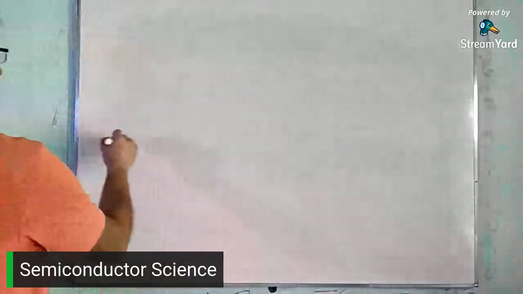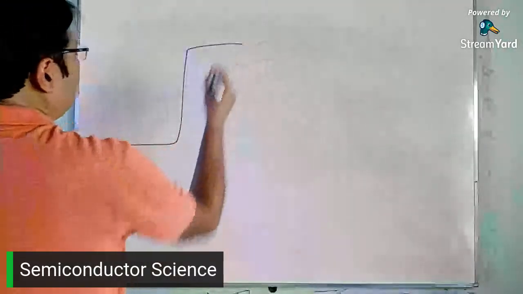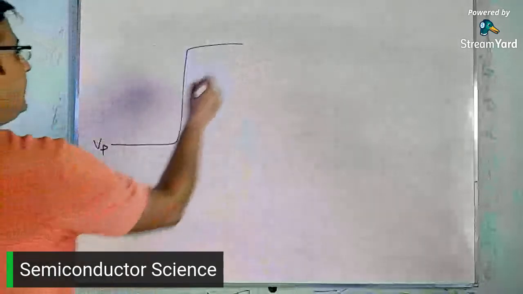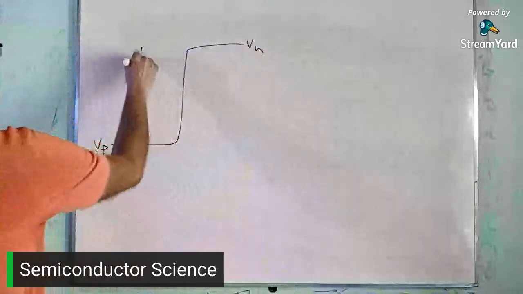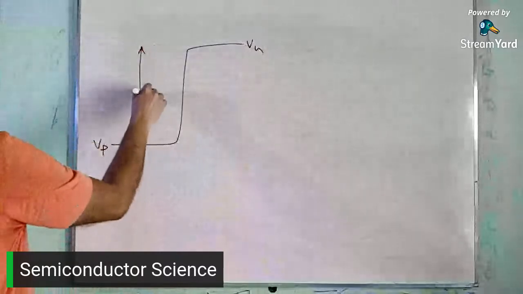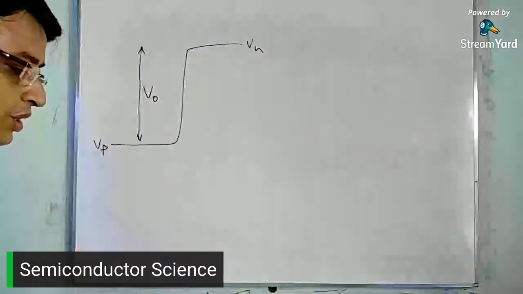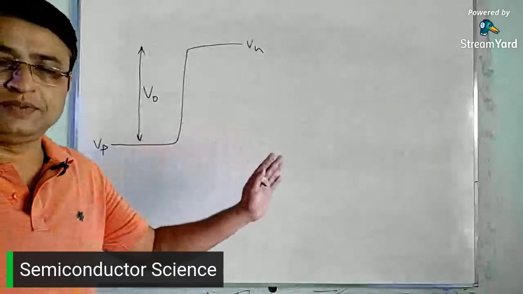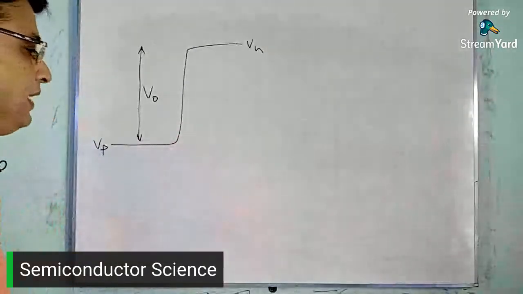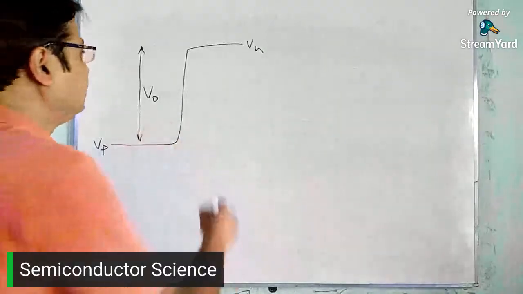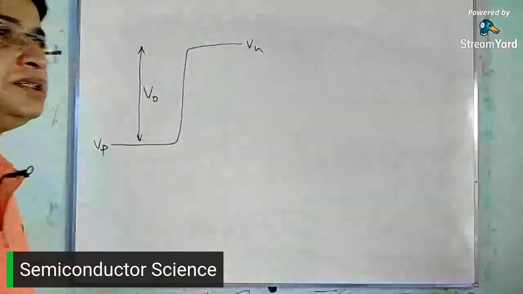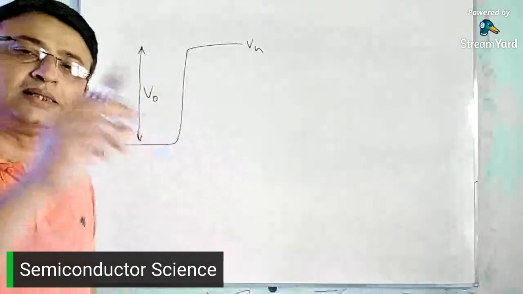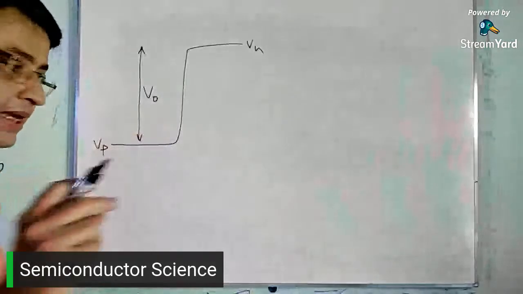In our previous class, we drew this potential barrier, with Vp, Vn, and this is the value of the contact potential V0. Now for forward biasing, whenever a positive voltage VF is applied, this contact potential is lowered by the applied potential VF.